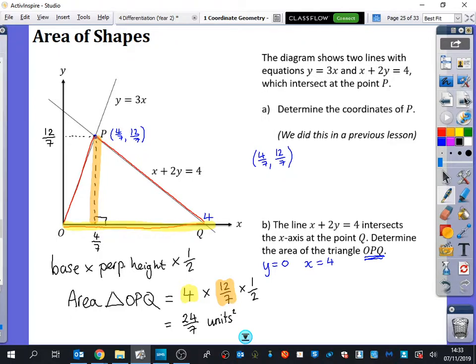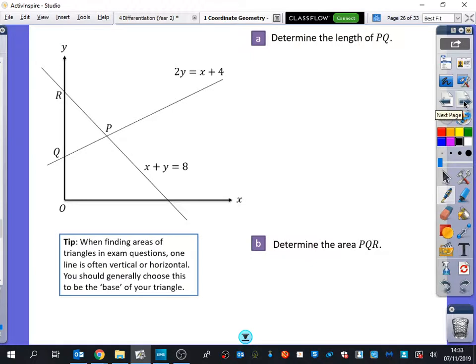Okay, more on our shapes. We can see this line, y equals x plus 1, and this line, which is 2.